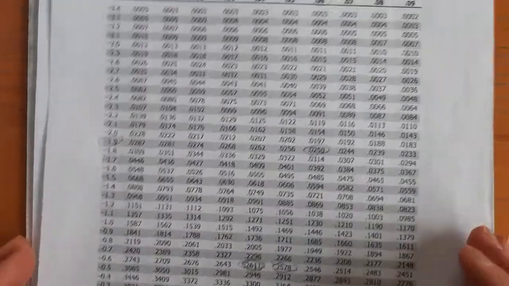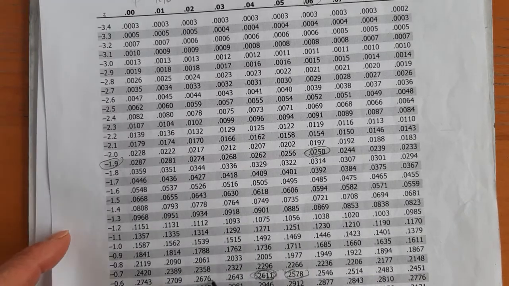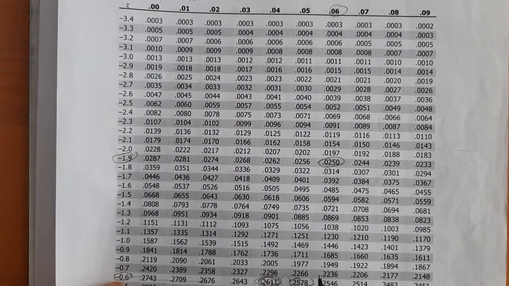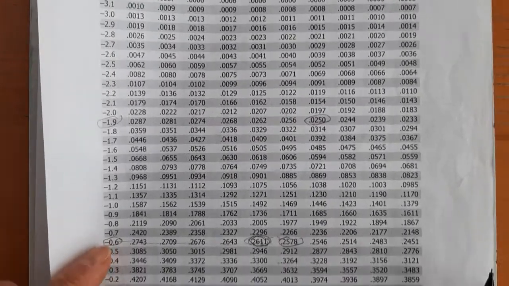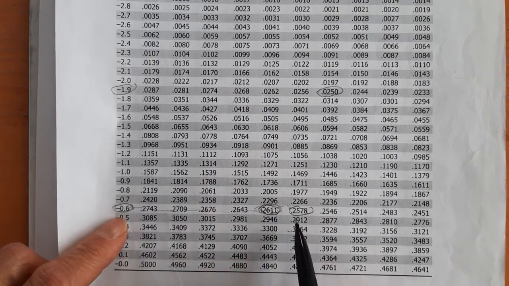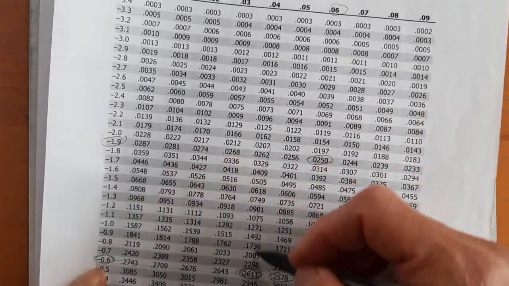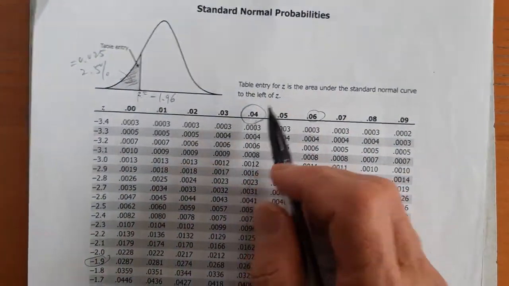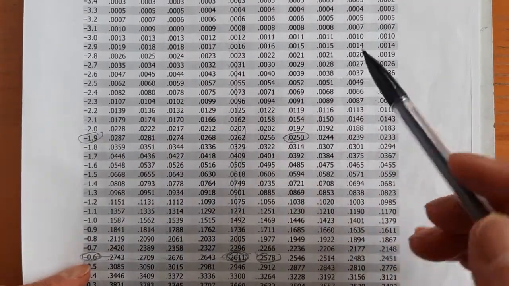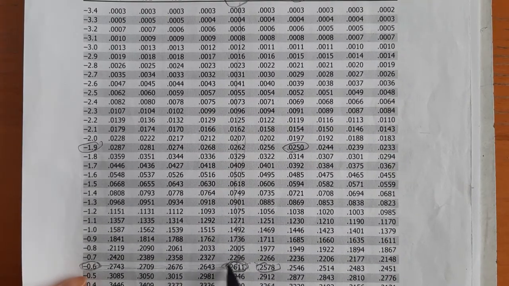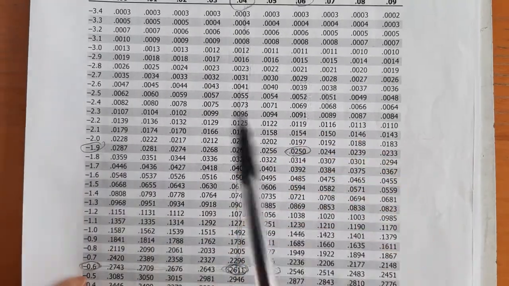From 0.2611, you go to the left and get negative 0.6, then go to the top and get 0.04. The intersection of the two is negative 0.64.